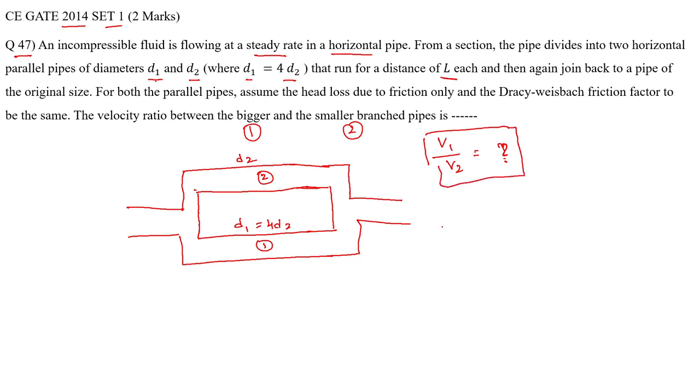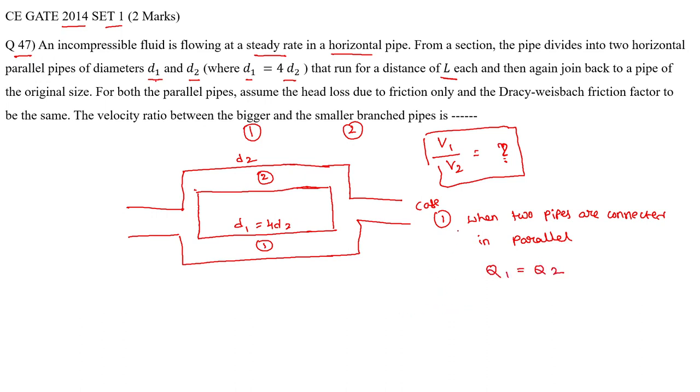As I discussed in the previous session, case 1: when two pipes are connected in parallel, the discharge in both the pipes will be the same.